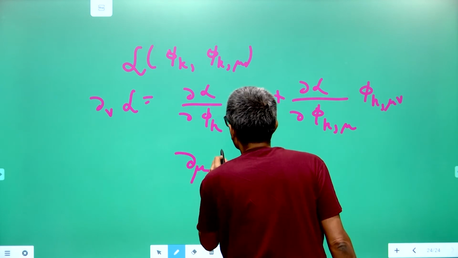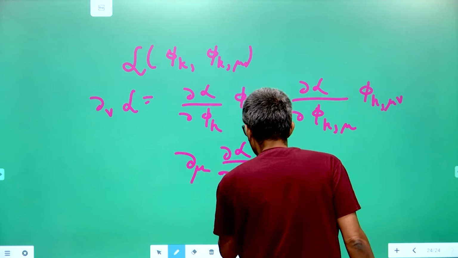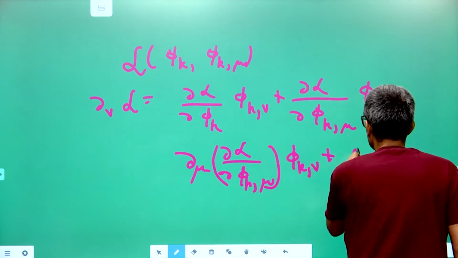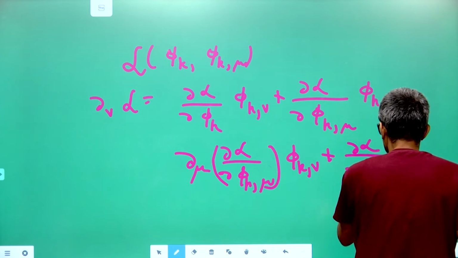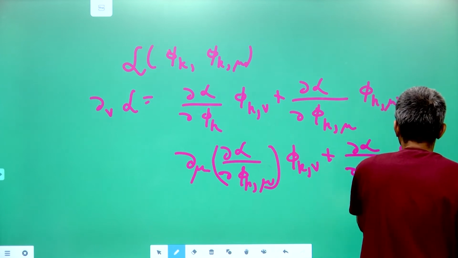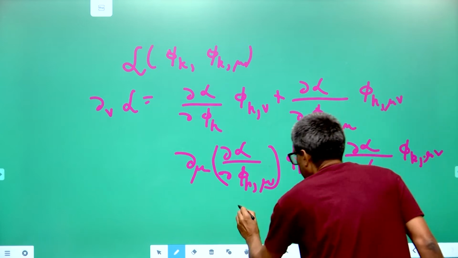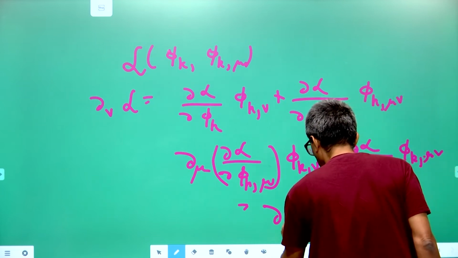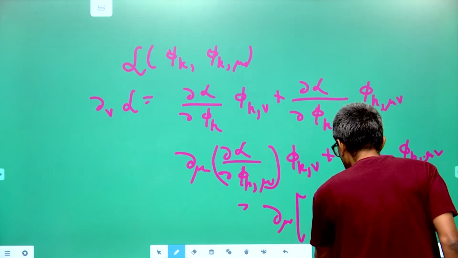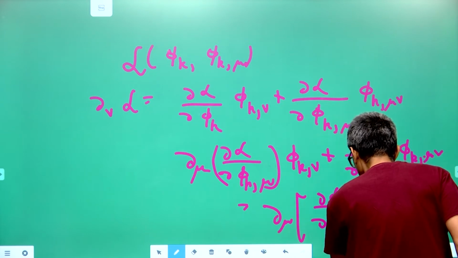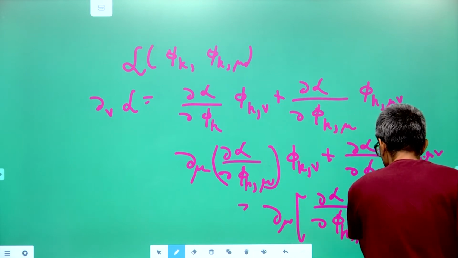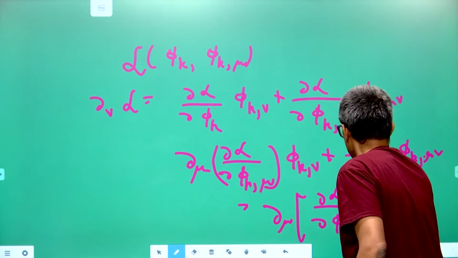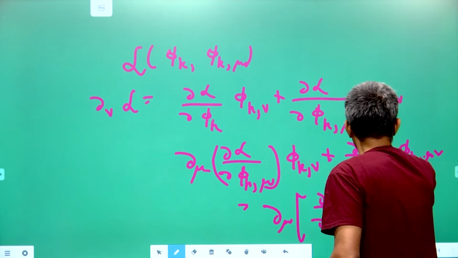So this becomes ∂_μ of ∂L/∂φ_k,μ, summed over μ, into φ_k,ν plus ∂L/∂φ_k,μ into φ_k,μν, which is nothing but ∂_μ of ∂L/∂φ_k,μ into φ_k,ν, by using the product rule for partial derivatives. First differentiate this with respect to μ, keep this fixed, then keep this fixed and differentiate this with respect to μ, you get this.